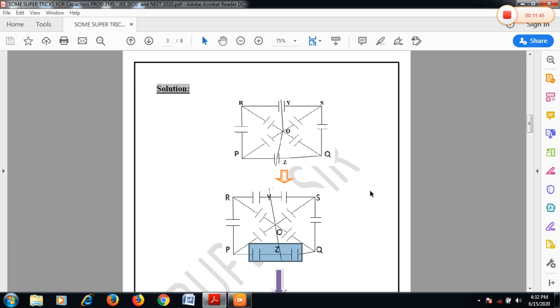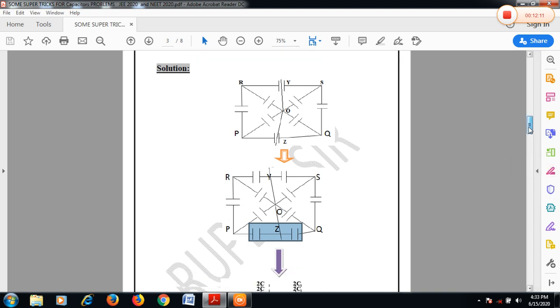Note down this point. The left hand part and the right hand part are connected in series with respect to this symmetrical line, and these two parts are connected in series with respect to the points P and Q. In between P and Q, the left part and right part are connected in series combination.